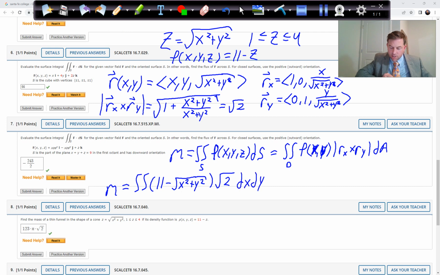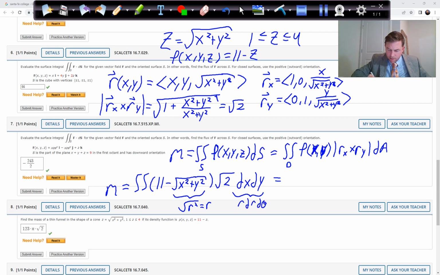But it actually turns out to be a little simpler if we change this to spherical, or I should say polar coordinates. So in polar coordinates, this whole thing is just the square root of r squared, which is r, and then dx dy is going to be r dr d theta.